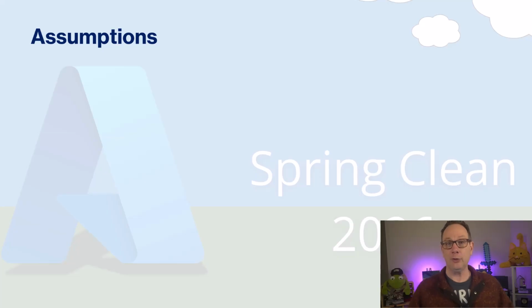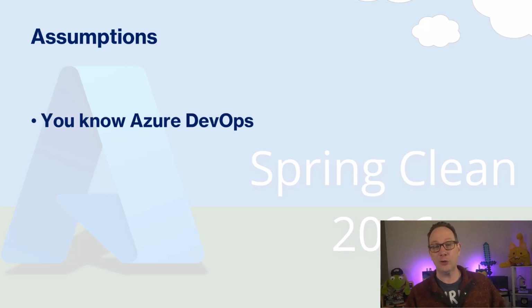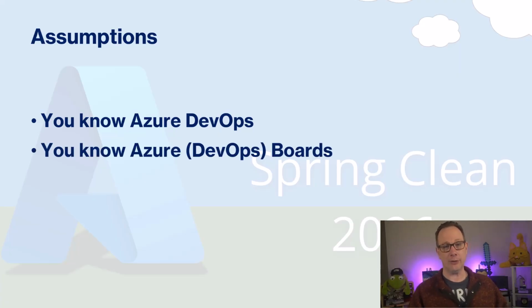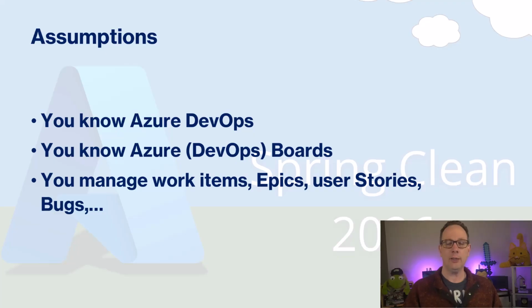Before jumping into the technicalities of the session, I want to start with a few assumptions. First of all, this session is targeting anyone like yourself who knows Azure DevOps. Next to that, maybe best case, you already know how to use Azure DevOps Boards, the project management part of the platform. And within that, I assume you also know how to manage your work items.